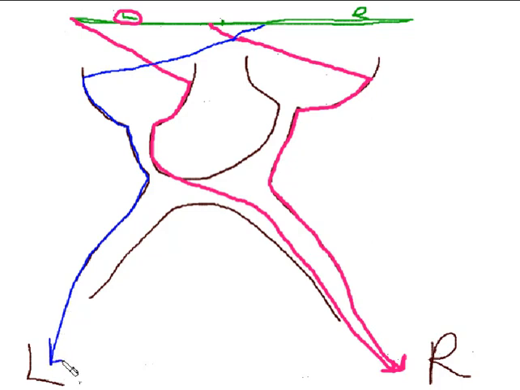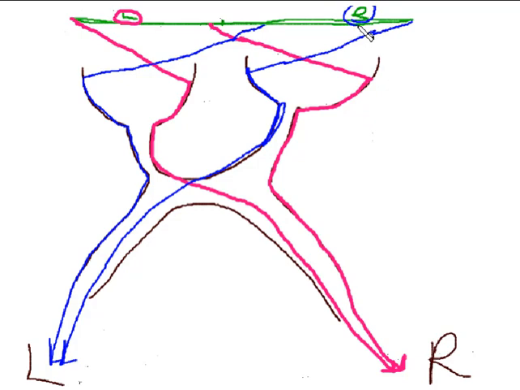Again, from the right field of vision, it strikes the left half of the retina. Now because it's on the medial side, it travels on the medial part of the optic nerve, crosses over in the chiasma, and goes over to the left cortex. So can you see that the right field of vision is represented in the left occipital cortex?